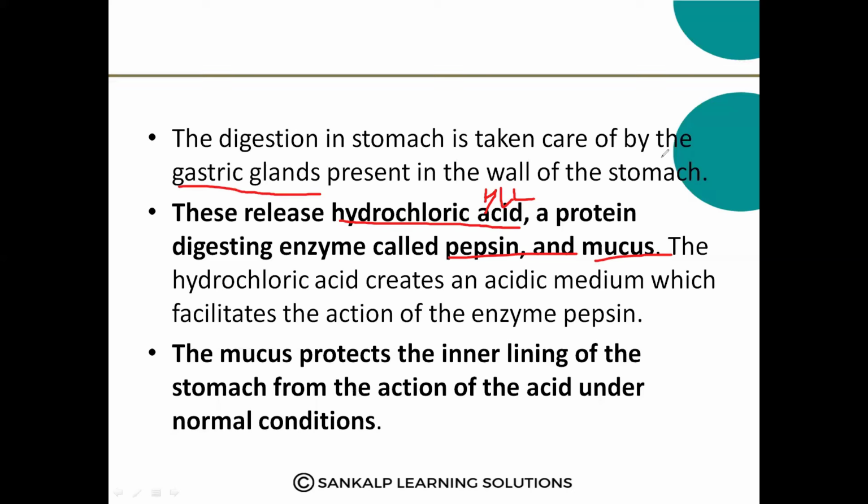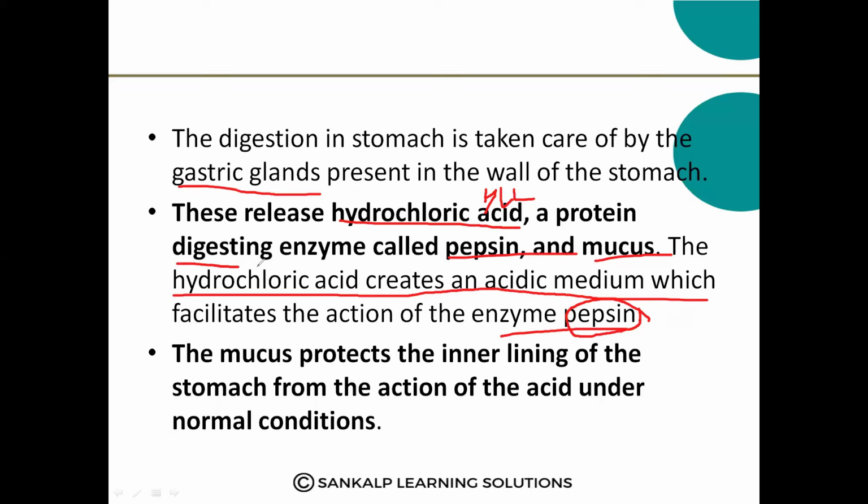So here, hydrochloric acid, acid means that it creates the acidic medium, which helps the action of the enzyme pepsin. So this pepsin gets activated and is able to do its function when there is an acidic medium. But what is the function of this pepsin?